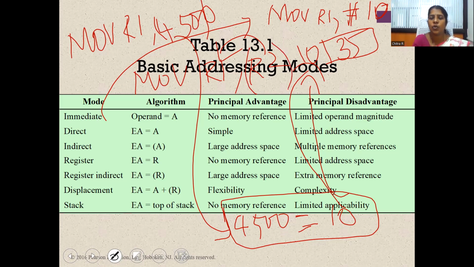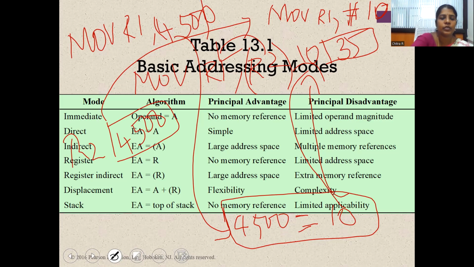Instead of an address, you are giving the register, but the value is not available in the register. Instead, go and search R2. In that R2, some value will be there. For example, consider 4,500 is available in R2. Then go to the location 4,500 and fetch the value. That is called register indirect.